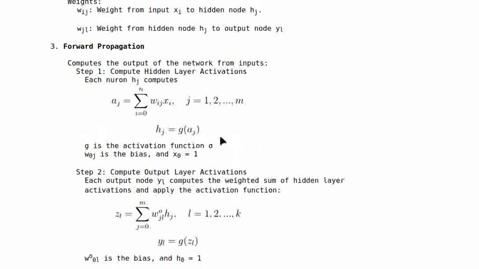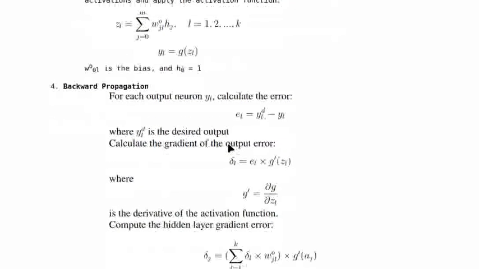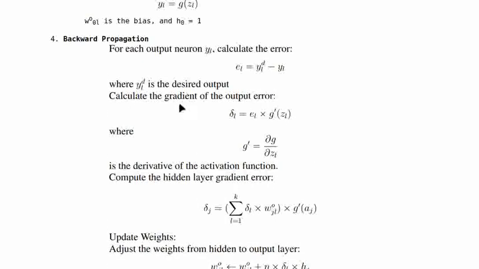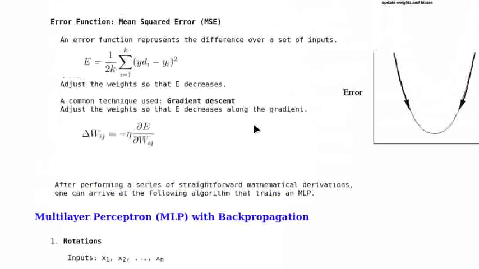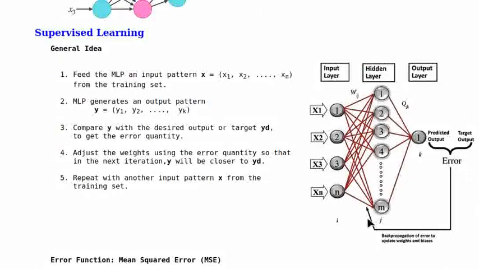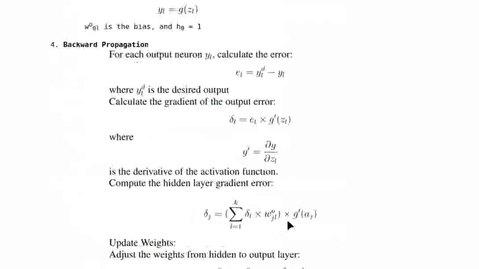It is calculated by these formulas, basically the sum over the weights and the input values, and then we feed this value into an activation function, like a sigma function. And then we have the back propagation process, which basically calculates the error and then feeds it back to adjust the weights. That's called back propagation.